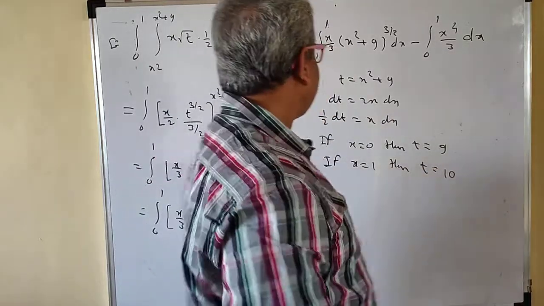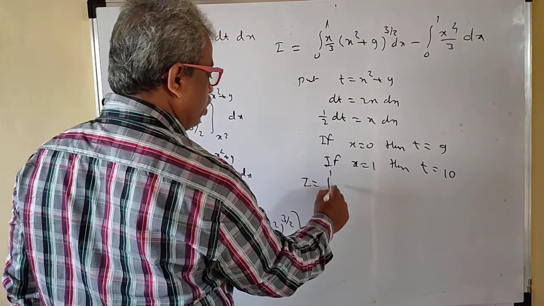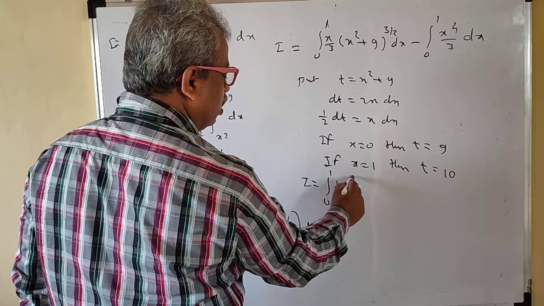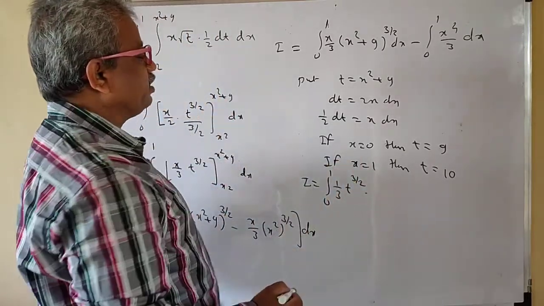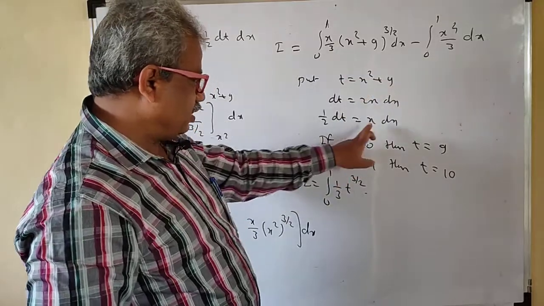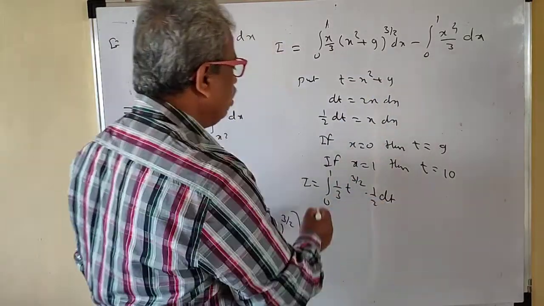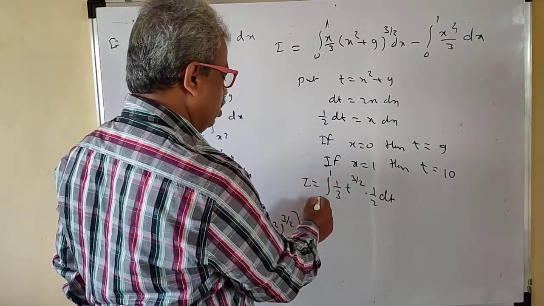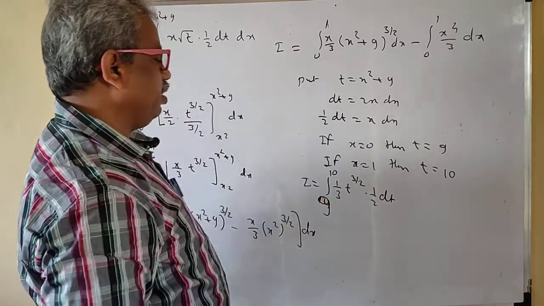Now I is equal to the integral from 0 to 1, so 1 by 3 is there, then t to the power 3 by 2, then x dx, which is 1 half dt. Now the limits are not 0 to 1, they are 9 to 10.